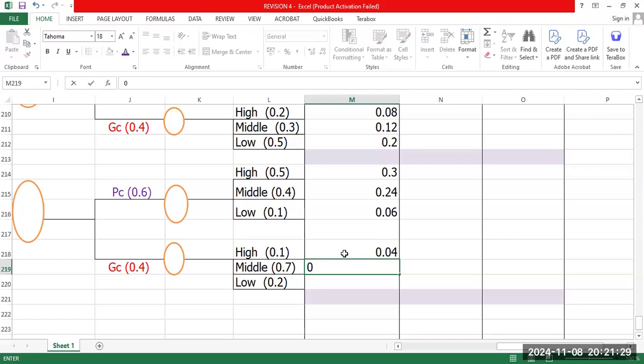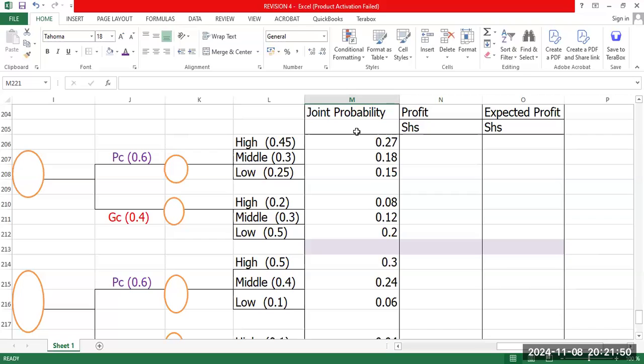Here is 0.4 times 0.7. Here is 0.2, 0.4 times 0.2. That's my joint probability.